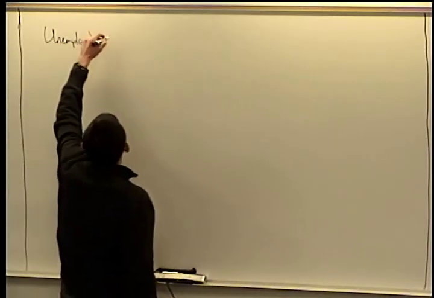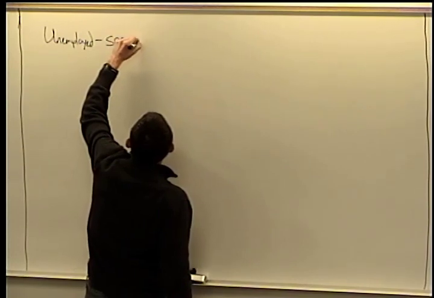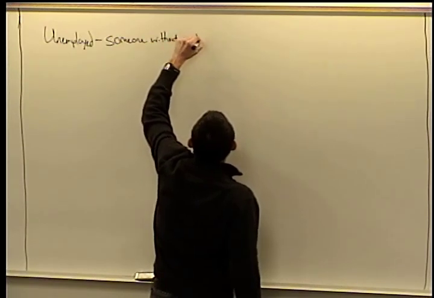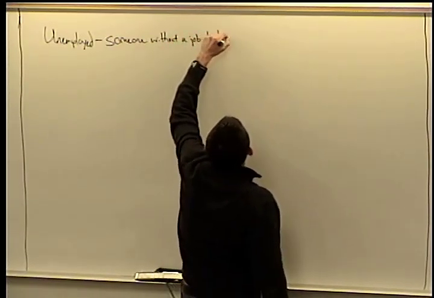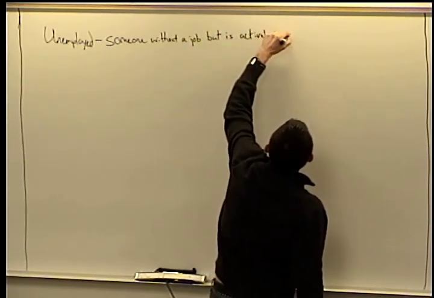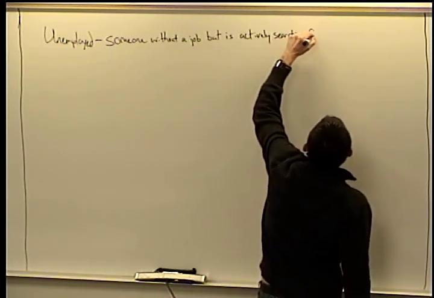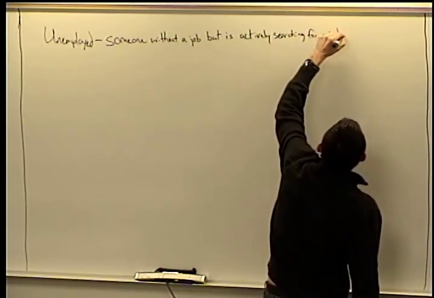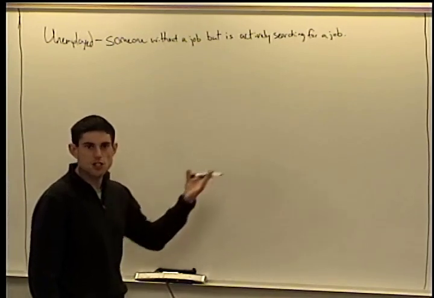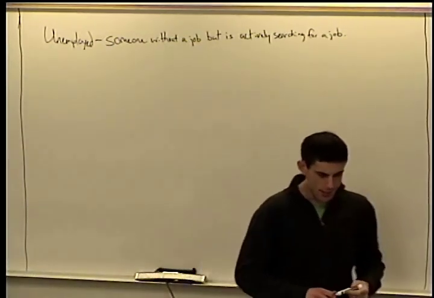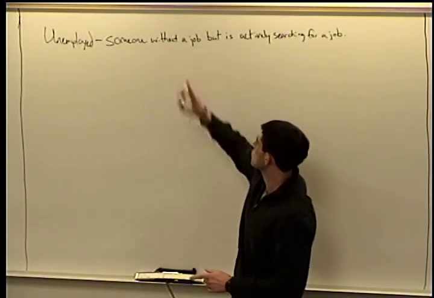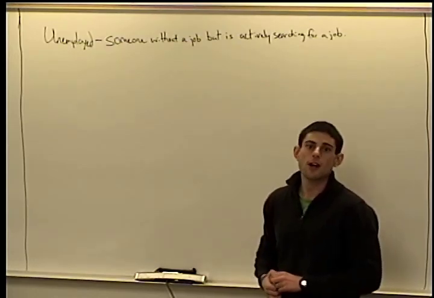So it's someone without a job, but who is actively searching for a job. Traditionally, when we say actively searching for a job, it means that they've looked for a job in the last 2 weeks or 4 weeks. So in the last month, have you applied for a job? If the answer is yes, and you don't currently have a job, then you would be considered unemployed.